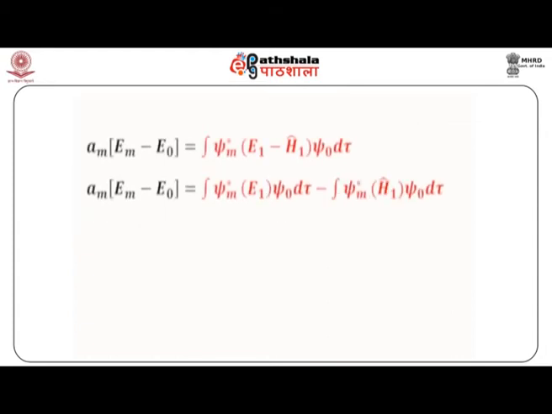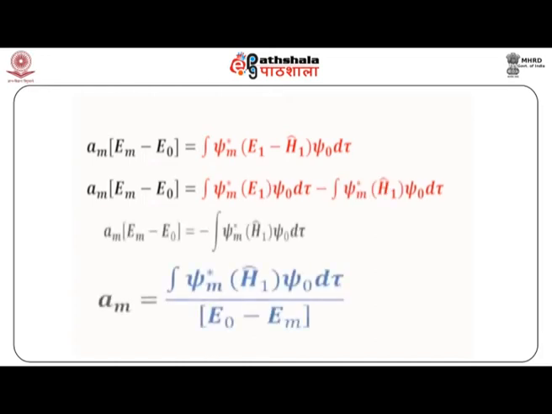And if we further simplify and rearrange this equation, then equation 25 becomes Am equal to, in the numerator, the integral of psi m star H1 cap psi 0 d tau, divided by, in the denominator, E0 minus Em. That means here we are getting an expression for the corresponding coefficients Am.